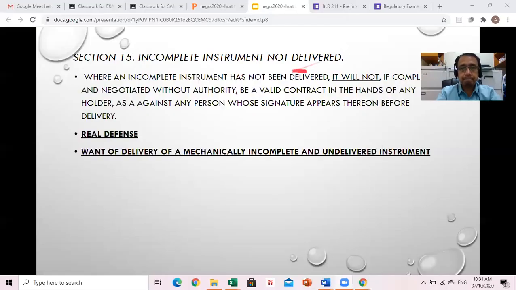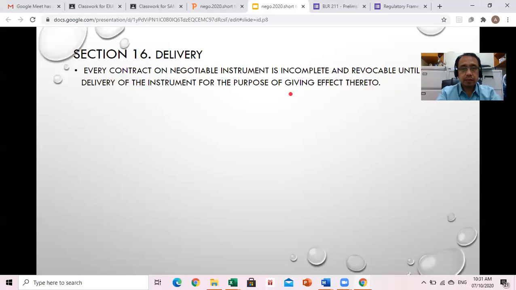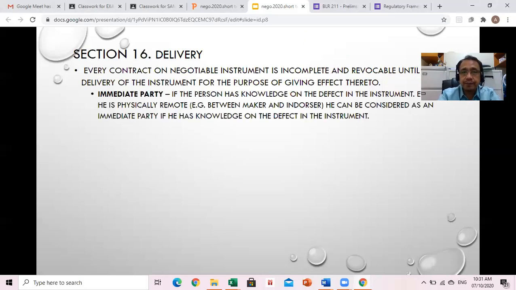Section 16. This now refers to a complete instrument. However, it was not delivered. So, complete instrument, but it is not delivered.